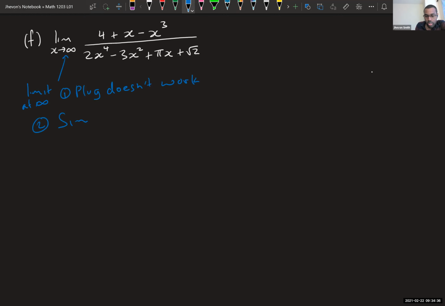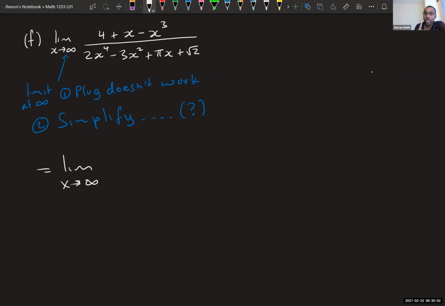But this is one of those weird simplifications where you wonder, is it really simplifying? I wouldn't do this under normal scenarios, but it's a very helpful maneuver in this scenario. So I am going to simplify this in a convenient way, which is a weird thing to call it, but I'm going to do it anyway because I'm Jhevon, I'm the teacher. I can do whatever, it's my class.